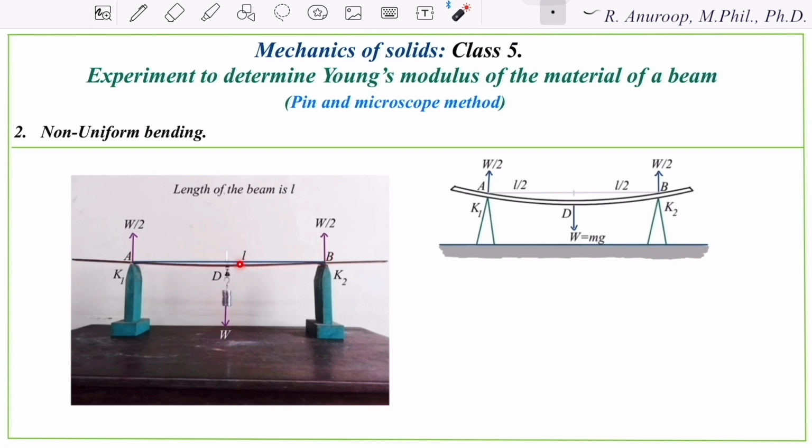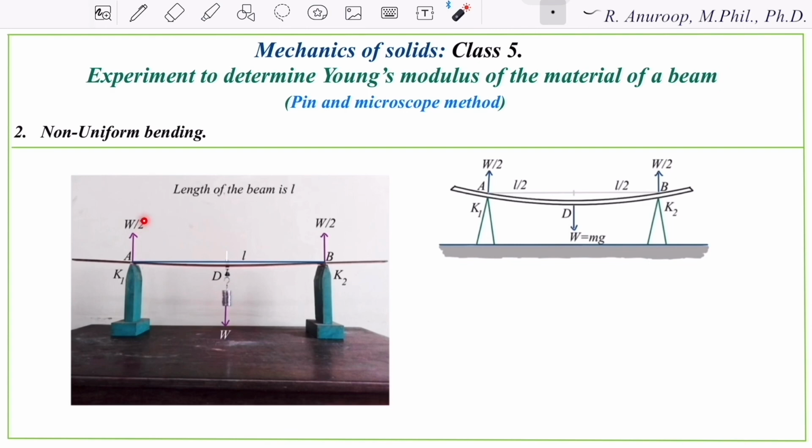AB is a rigid uniform beam resting symmetrically on two knife edges K1 and K2. L is the length of the beam, that is, A and B are separated by a distance L. It is loaded at the middle point D with a load W equal to mg.